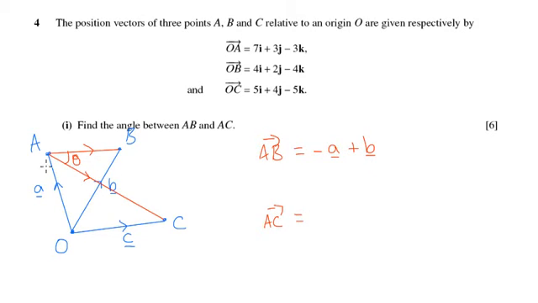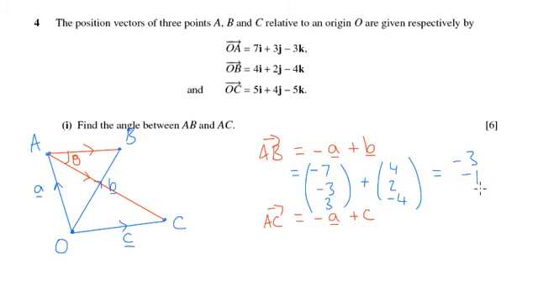We can go backwards from here to here and then off towards C. So that's minus A plus C. So minus A is minus 7, minus 3, positive 3, plus B is 4, 2, minus 4. So that comes out at minus 7 plus 3 is minus 3, minus 1, and minus 1. So that's vector A to B.